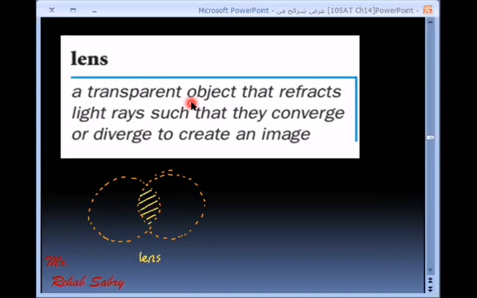This is the lens, but the dashed lines here with the orange are imaginary.